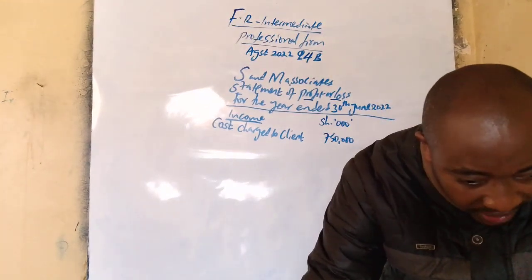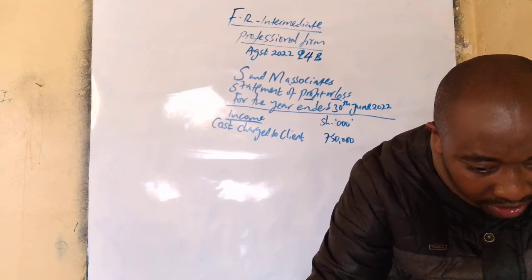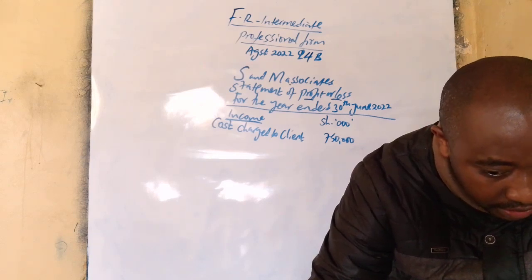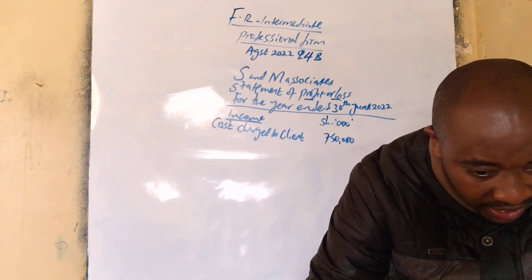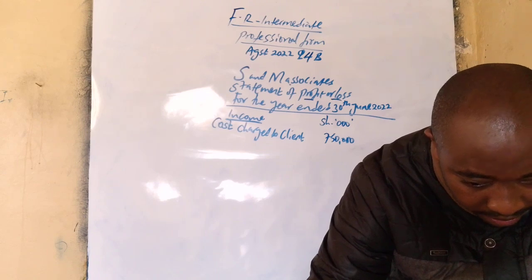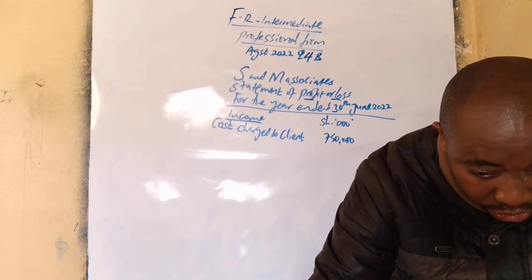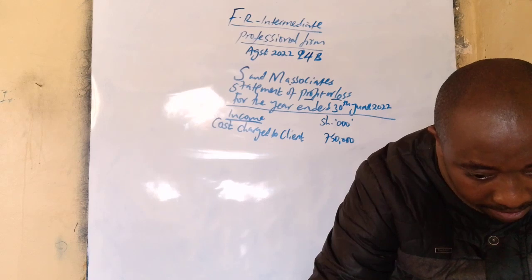On top of that, we have work in progress. And this work in progress, of course, are the cases which have started but are not yet completed. It forms part of the income of a lawyer. And we have work in progress brought forward, that is on 1st July 2021. Then when you go to additional information number 3, we have uncompleted work on 30th June 2022 of 70,500,000.